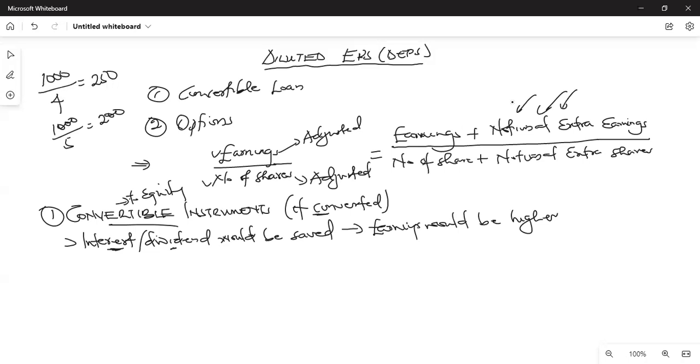These additional earnings will also be subject to tax. Remember, they are notional earnings that are coming in, and therefore they have to be taxed. Every earning is taxed, so additional earnings would be subjected to tax.